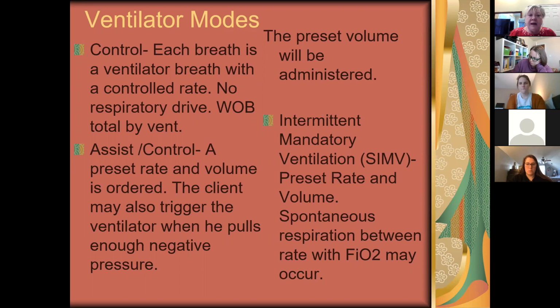So if he pulls enough negative pressure, they will assist the patient's own breath with the same tidal volume. So the preset volume will be administered. They will assist any negative pressure breath that the patient initiates, but they will still get the controlled breaths.